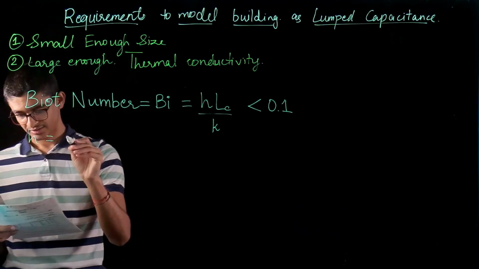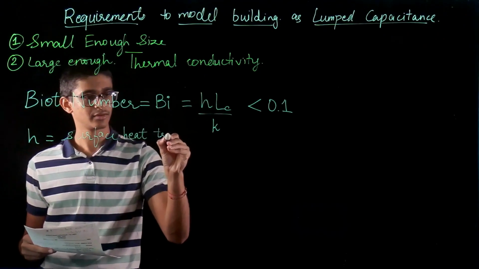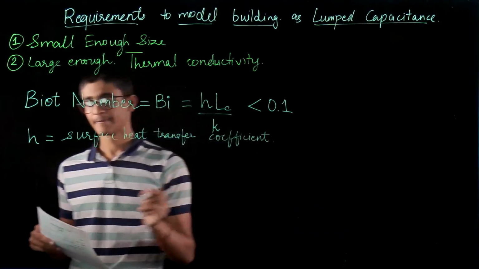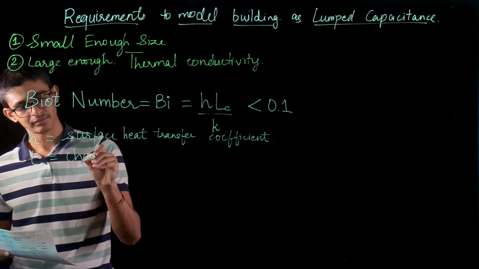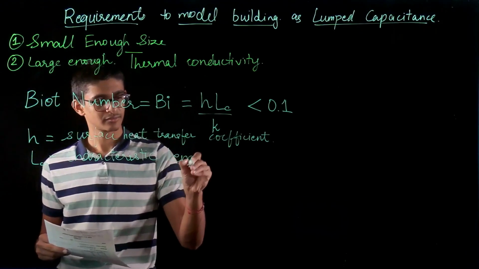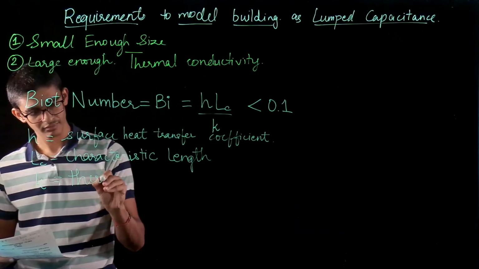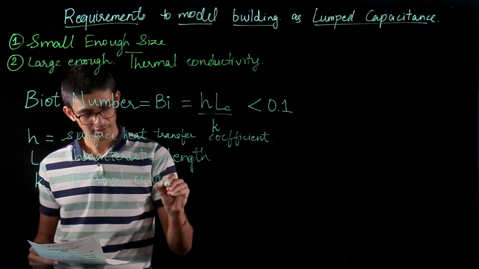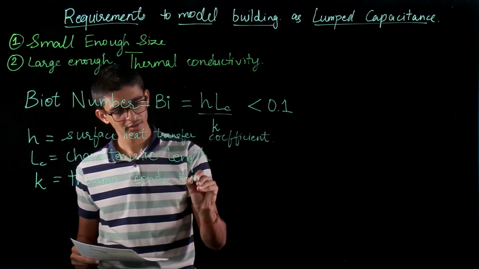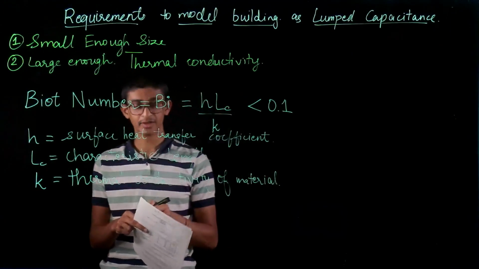These are the three factors which will make it determine. So h is the surface heat transfer coefficient. Lc is the characteristic length and k is the thermal conductivity of material, or the overall thermal conductivity of my whole building.